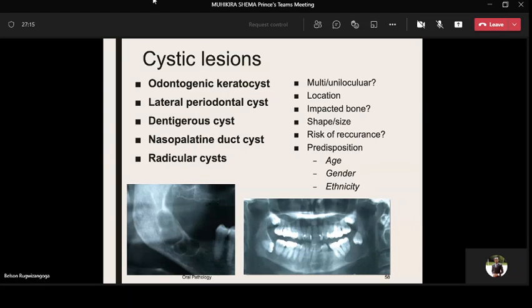Also its location: is it around the root of the tooth, or is there any impacted tooth or not? What is the shape or the size of that cyst? Does it have a risk for recurrence, or did it recur if you or some other doctors have removed it before?